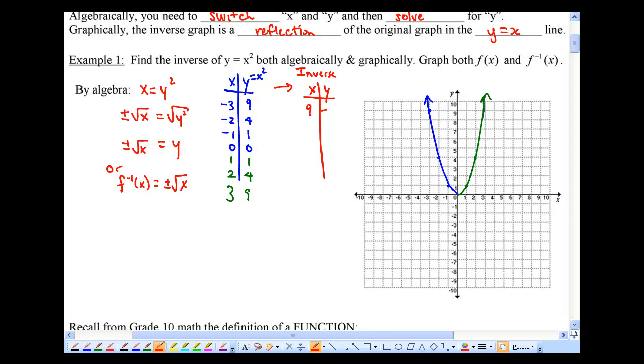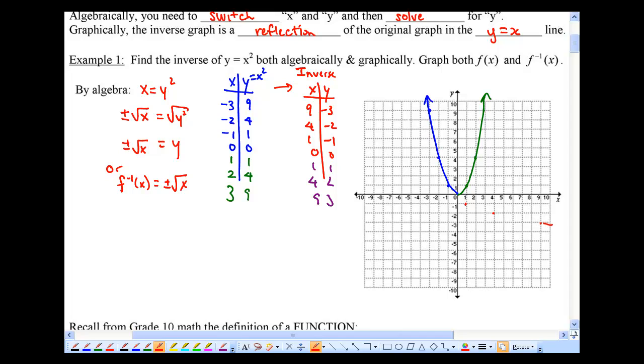So 9 becomes negative 3, 4, negative 2, 1, negative 1, 0, 0. Let me switch colors once again. 1, 1, 4, 2, and then 9, 3. Let's graph these out now. So 9, negative 3, 4, negative 2, 1, negative 1.